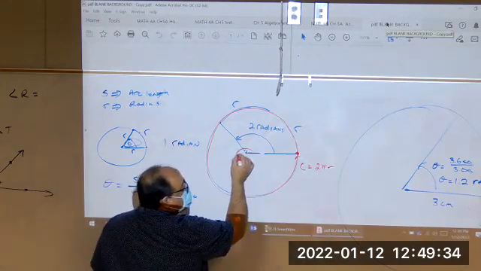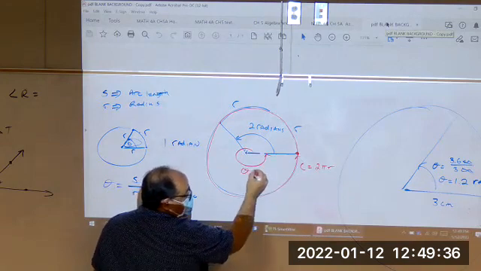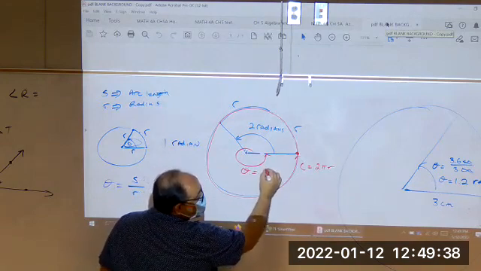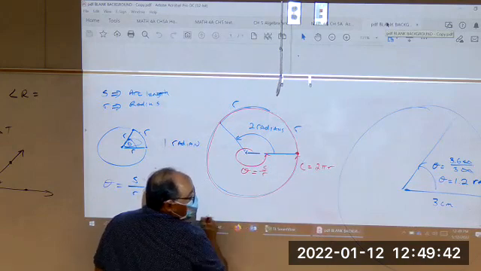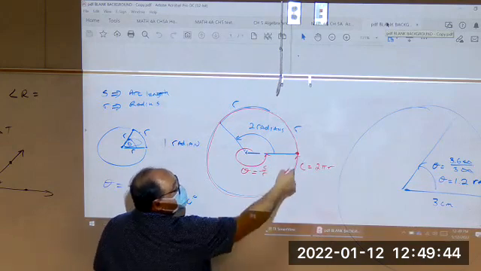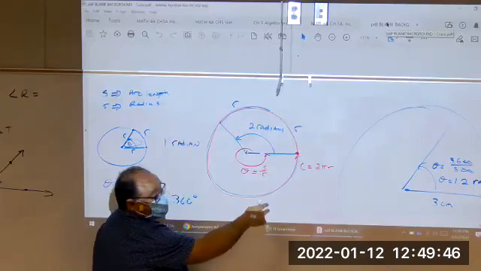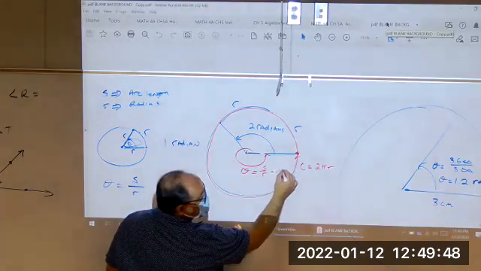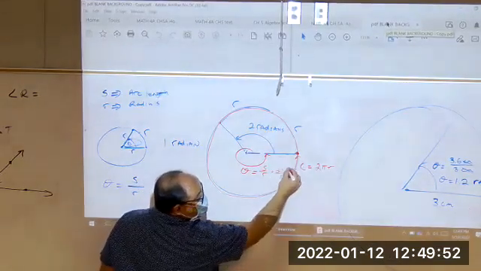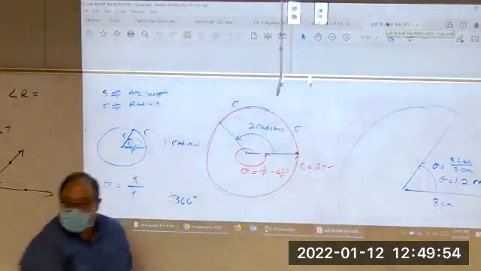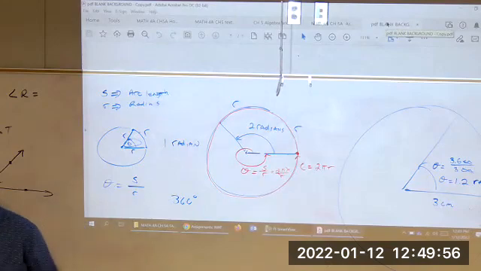So if you had an angle like this, theta, which is equal to the arc length divided by the radius, the arc length is the entire circumference. So 2 pi r divided by the radius, and those 2 radii reduce.